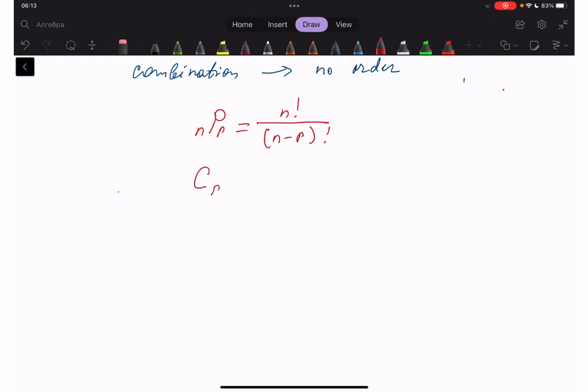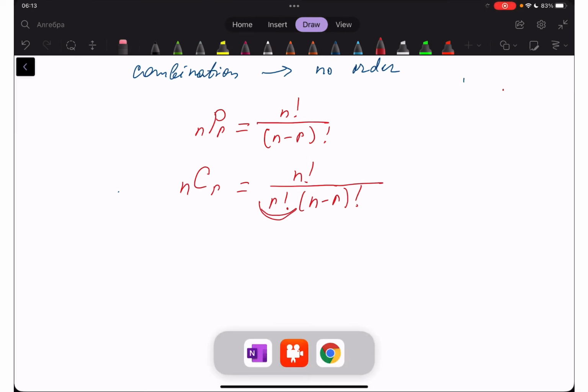Combination r out of n, again it's going to be factorial of n, and then r factorial times n minus r factorial. So the only thing I added here is r factorial. Okay, so let's go back and solve it.